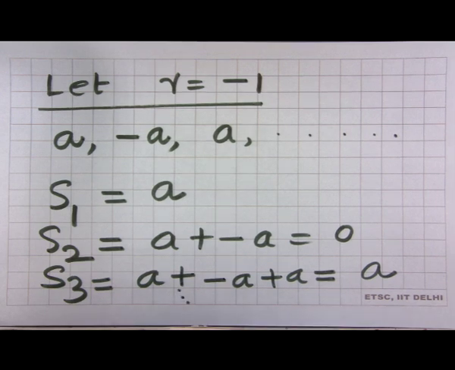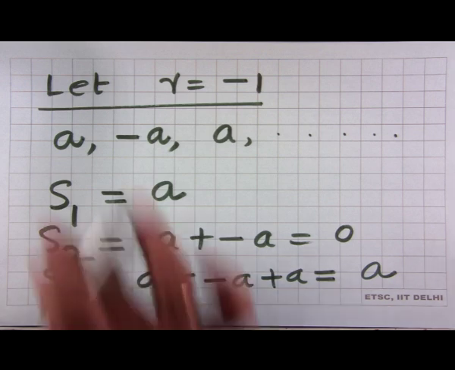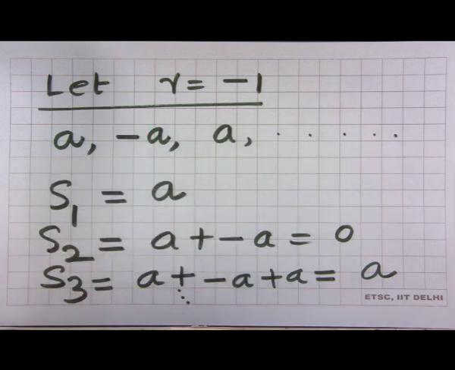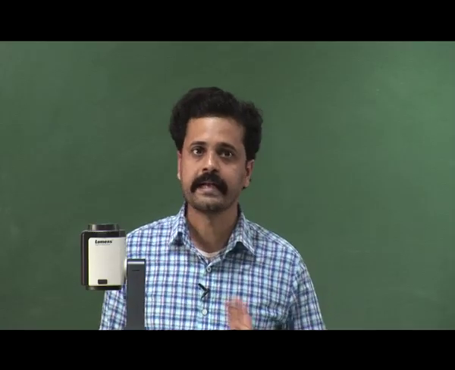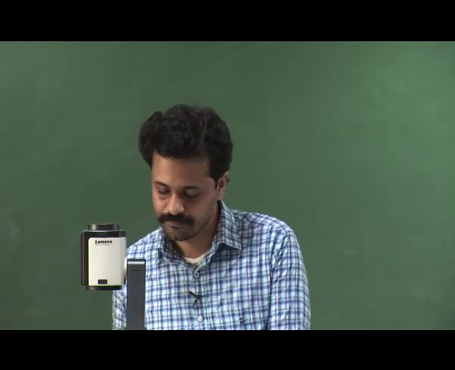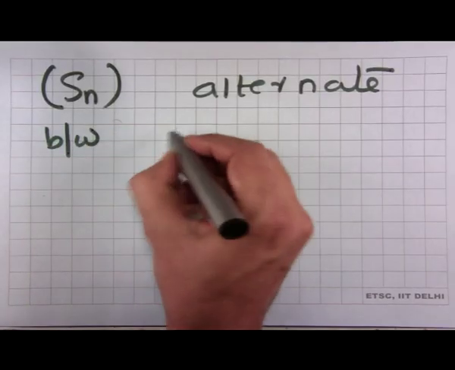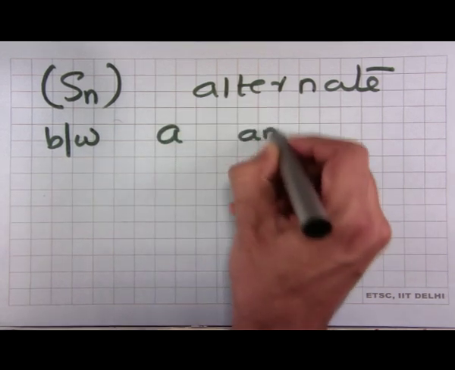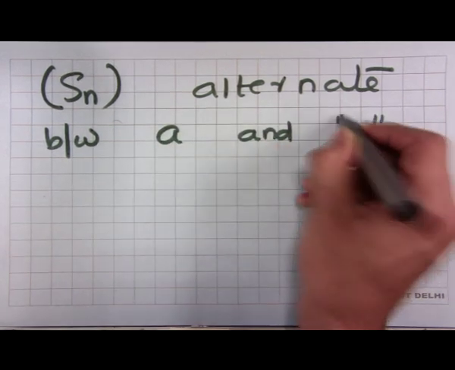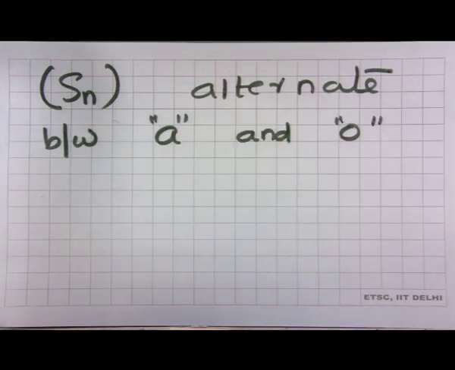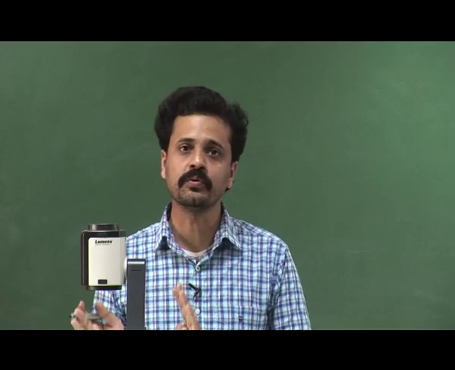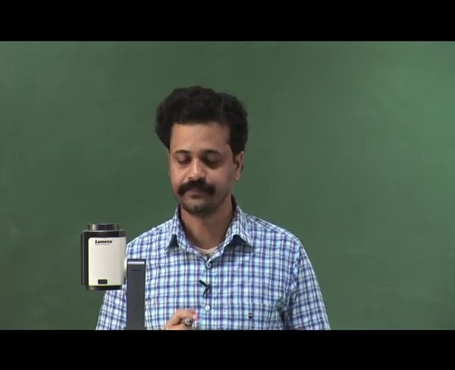You should be able to observe that the sequence of partial sums Sn alternates between a and 0. What I mean is, it takes these two values alternately.